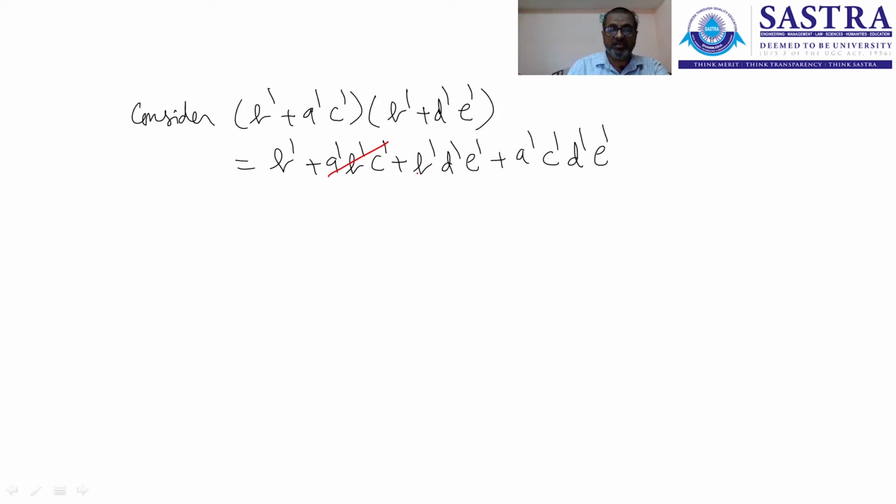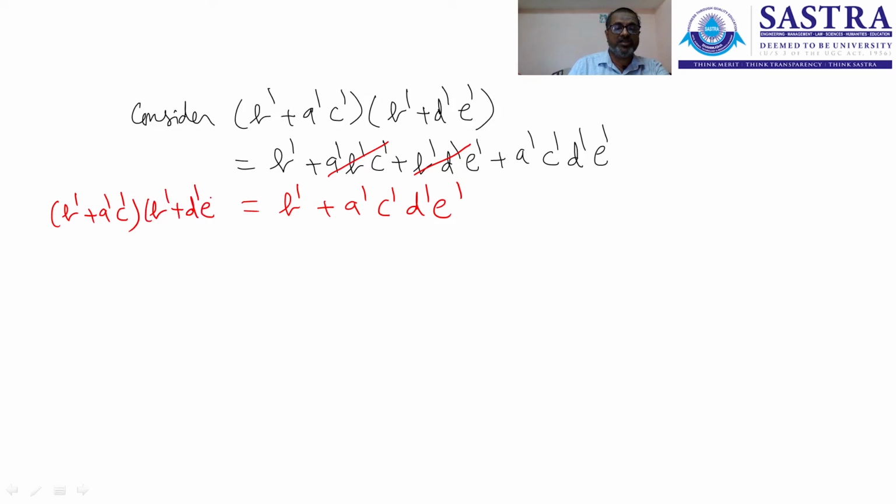And similarly I can also have B dash plus B dash D dash E dash as B dash. So this reduces to B dash plus A dash C dash D dash E dash. So you have to remember this: B dash plus A dash C dash into B dash plus D dash E dash is this. You remember this.